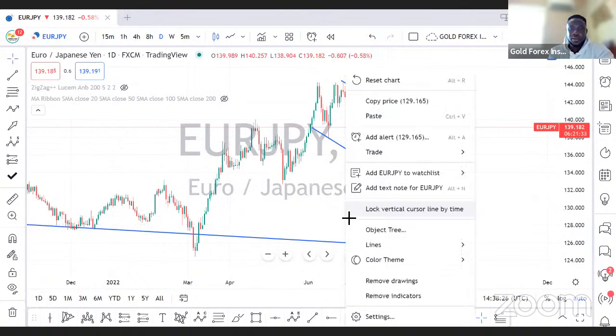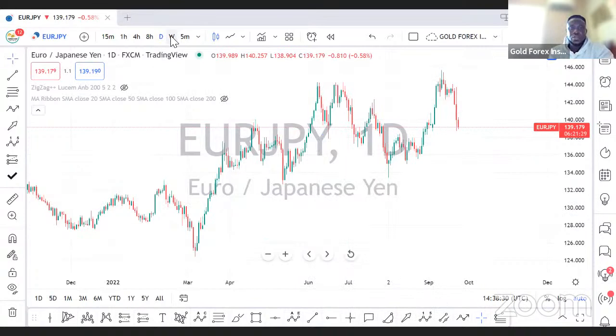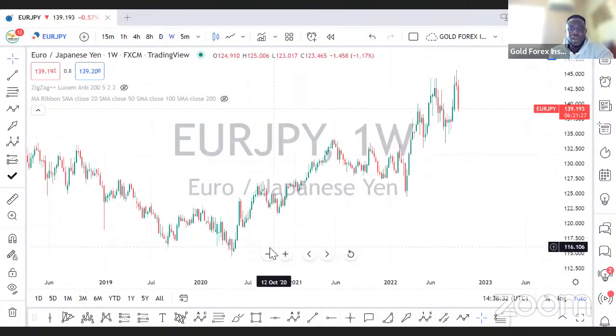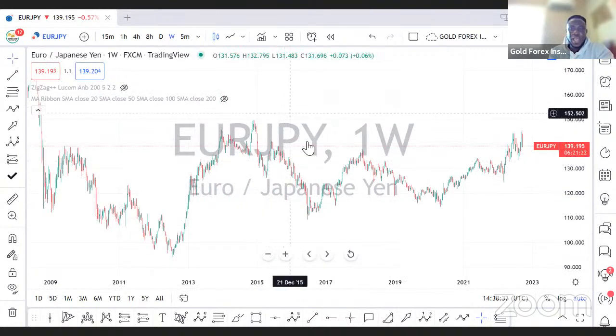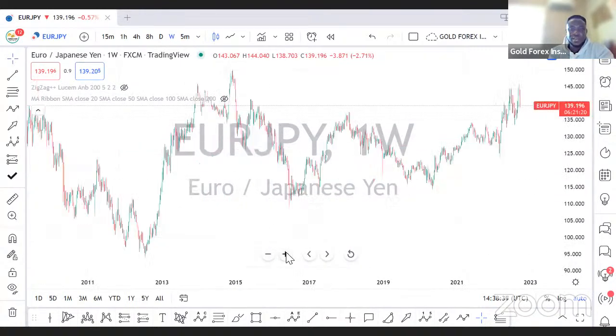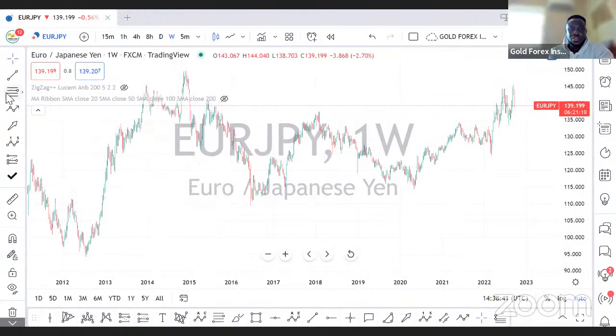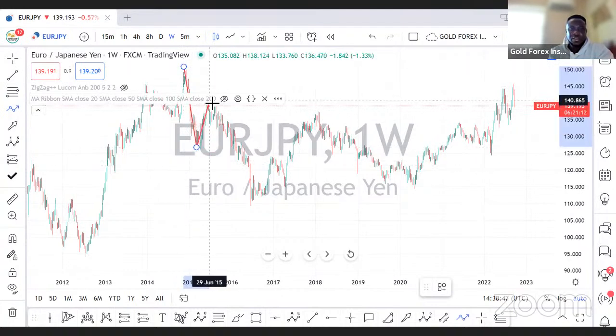Okay, so it's selling. So Euro JPY, look at what happened. Now, I saw something crazy over here. So there was a break in market structure.